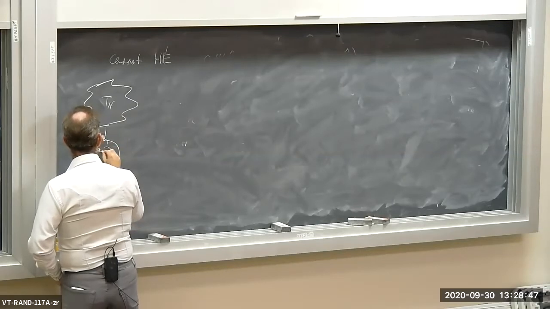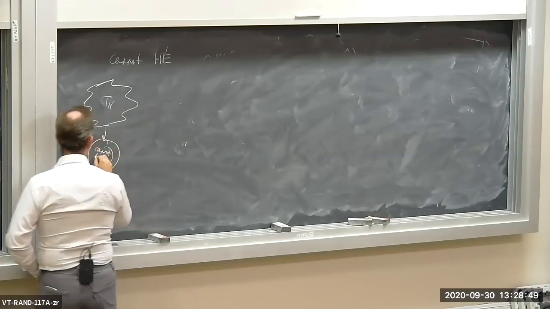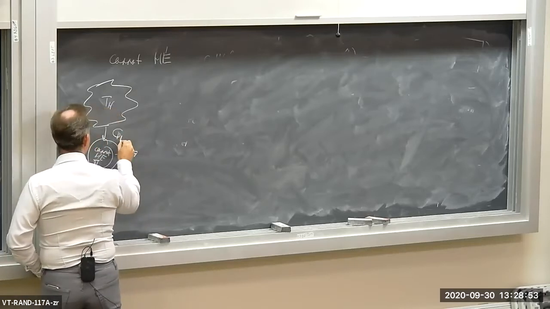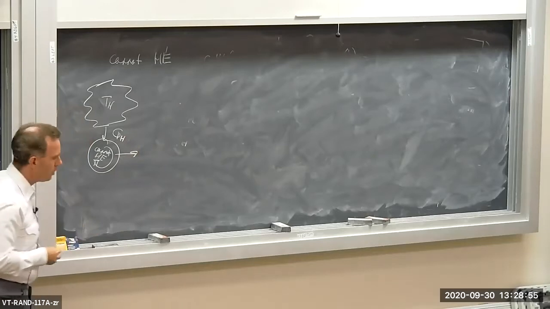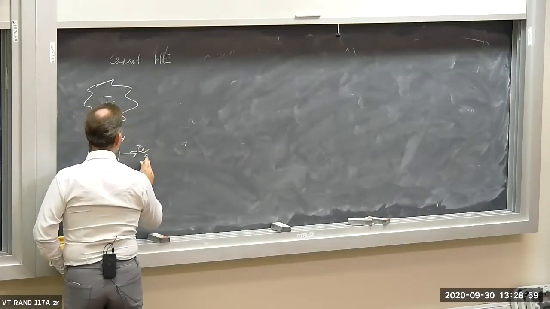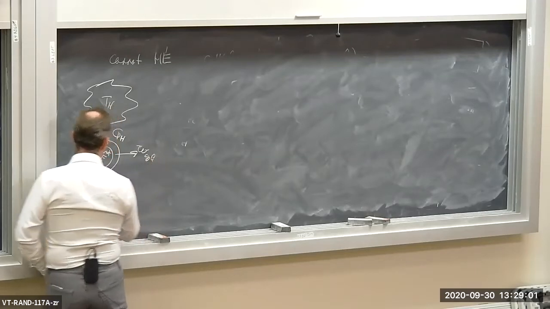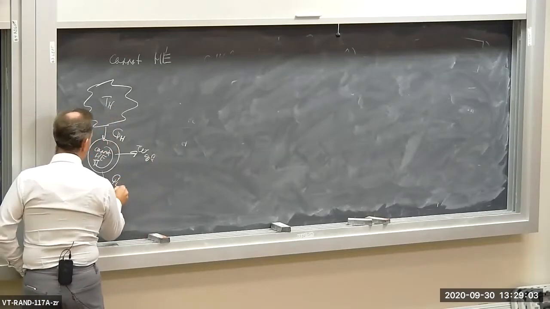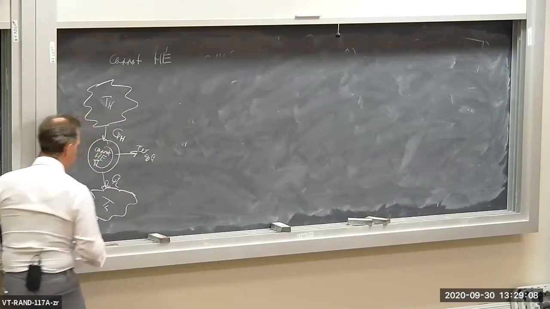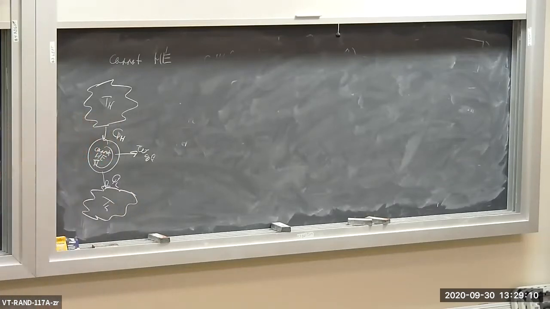So this is a Carnot heat engine, takes a certain amount of heat from a high temperature reservoir, produces a certain amount of work over a cycle, and rejects the remaining energy into a low temperature reservoir. Okay, so that's the Carnot heat engine.